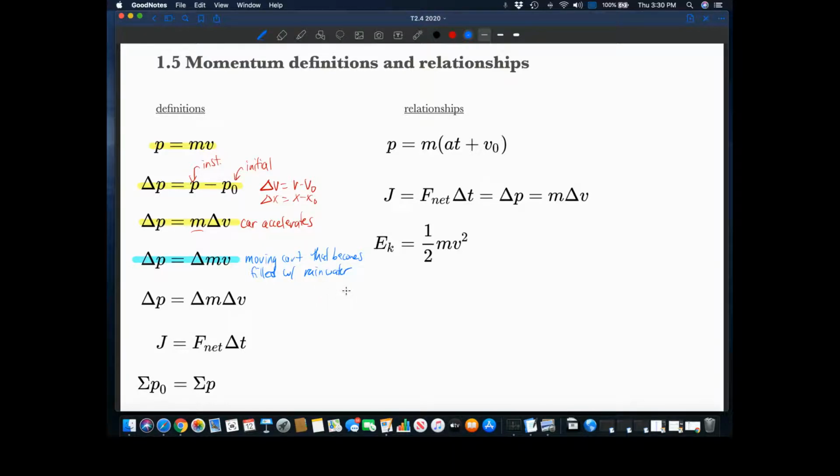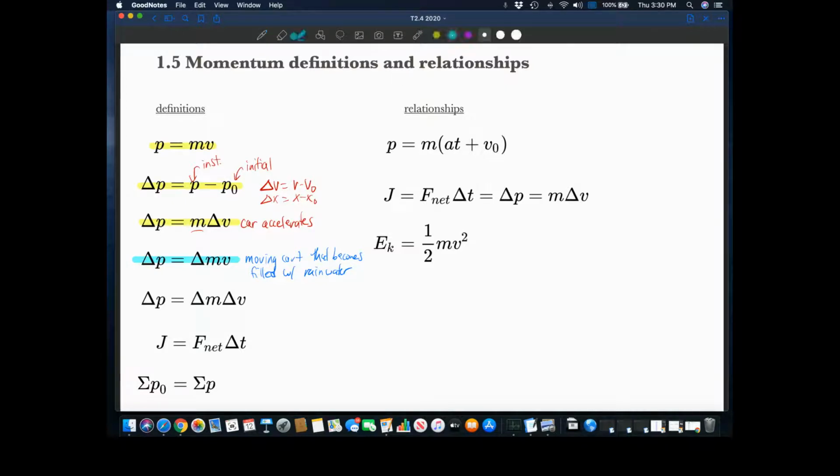The object will want to preserve its state of motion. It will maintain its momentum, the momentum of the cart that it has. And when rain falls on it, that rain doesn't have any horizontal velocity. But in any case, there's a change in the mass, which brings about a change in the momentum.